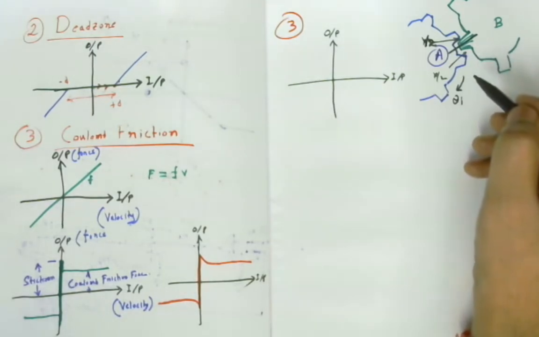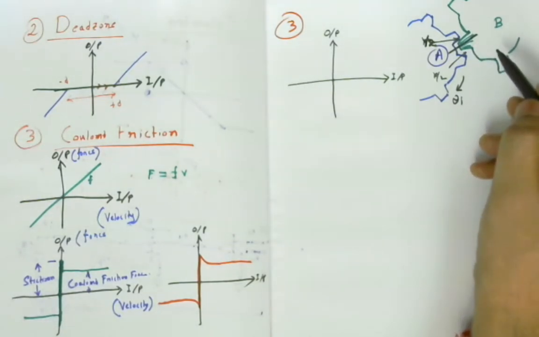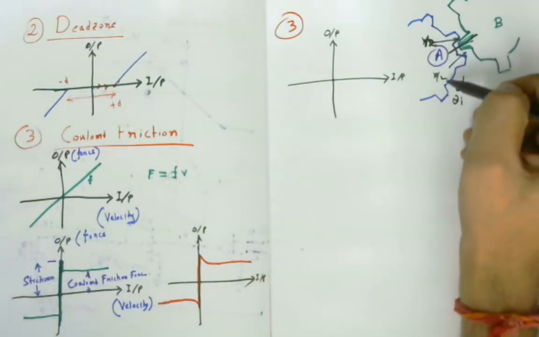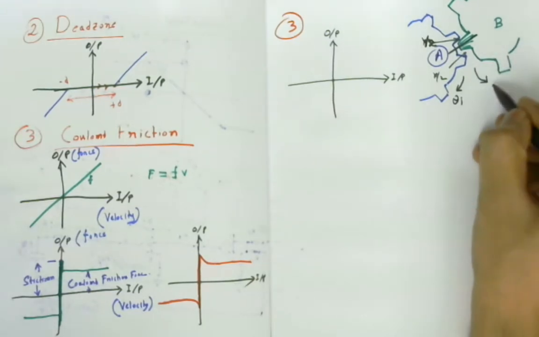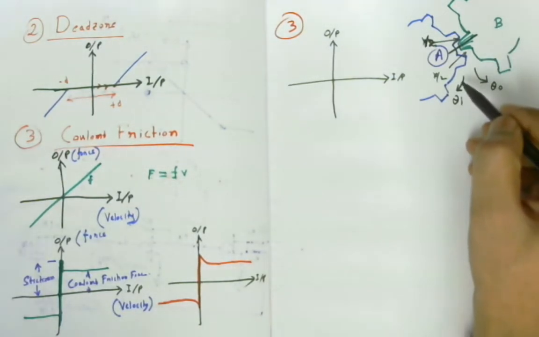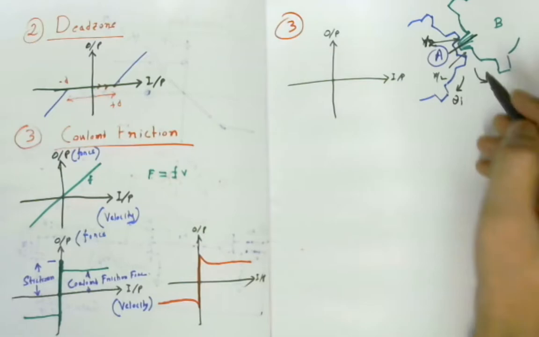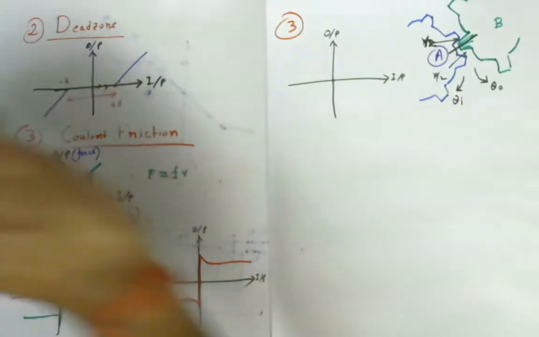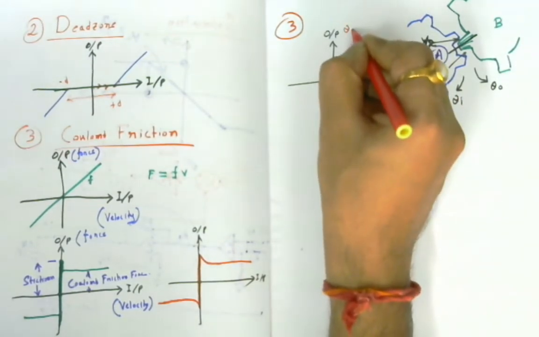The B gear will also try to rotate, in this direction. Suppose this is theta o. So if I want to rotate the B gear by theta o, then I have to move the A gear by theta I. So I can consider the input in this case is theta I and output is theta o.